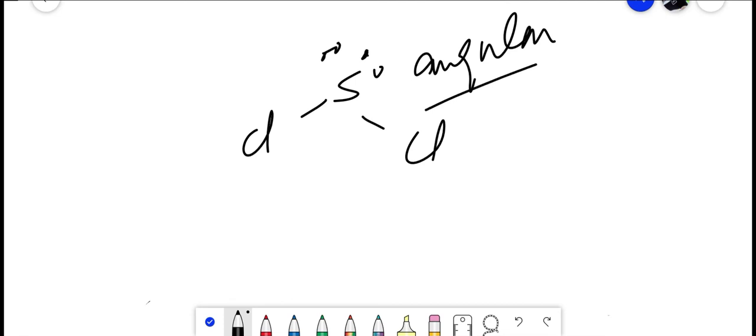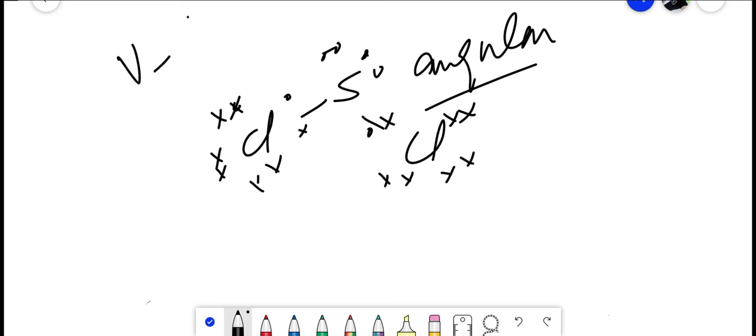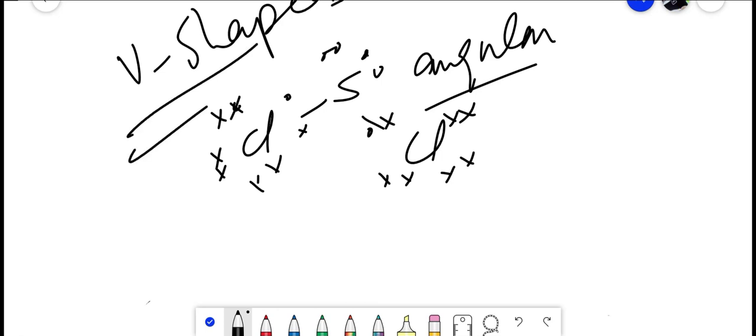You have to draw the rest of the dots and the crosses also, a full-fledged structure you can draw. So it's angular, or you can call it V-shaped. Your examiner will accept both of these. There is no restriction on it.